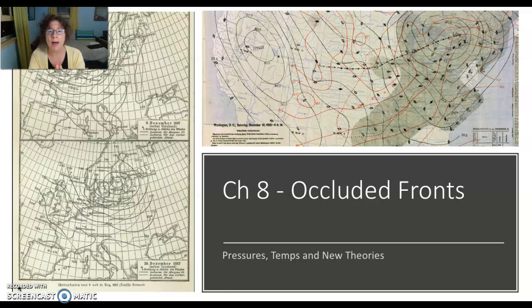So all you have on here are black markings for pressure on the European map. And on the American map, which is a little bit more evolved for the time, there were black markings for pressure and red markings for temperature, because they knew the two things worked together. But nobody had fronts, so let's talk about some of the history behind it and how fronts evolved.